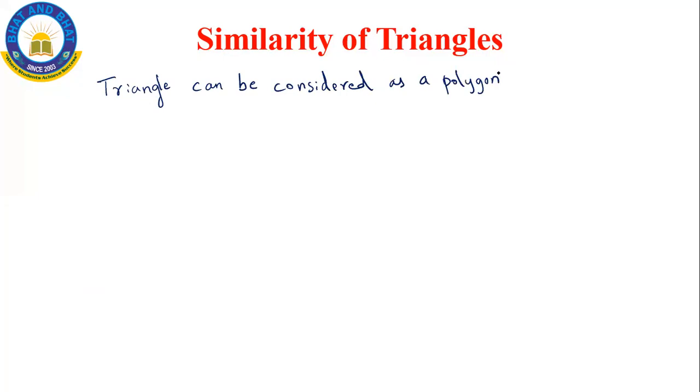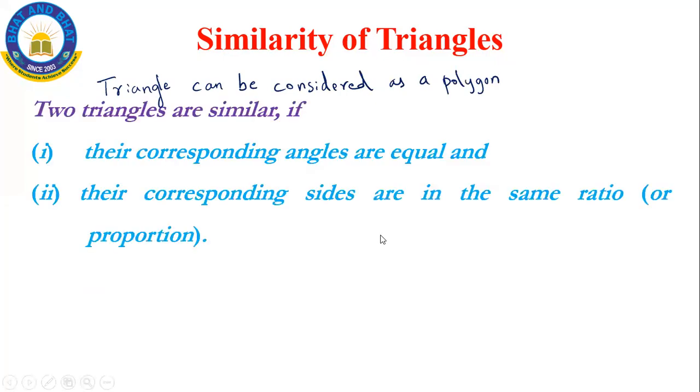So why am I referring to this? Because I would like to talk about this part. Two triangles are similar if their corresponding angles are equal. That was the first criterion that we studied yesterday. This criterion must be satisfied, and also their corresponding sides are in the same ratio.